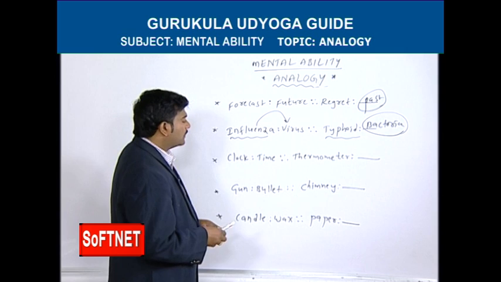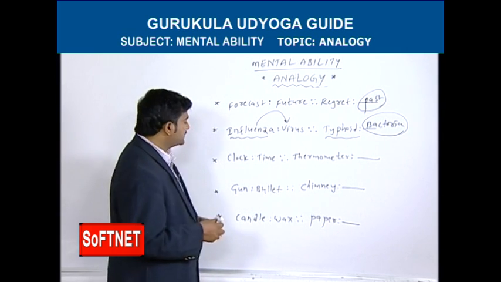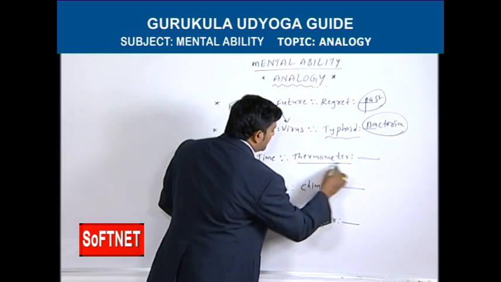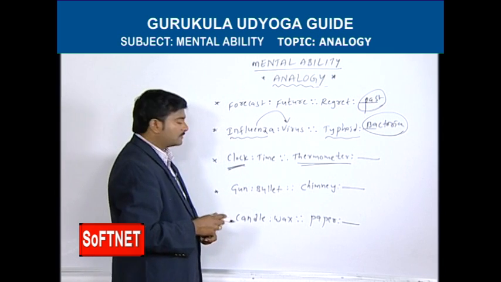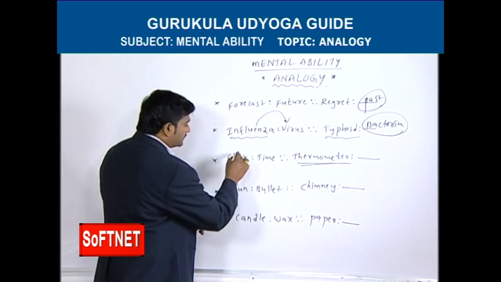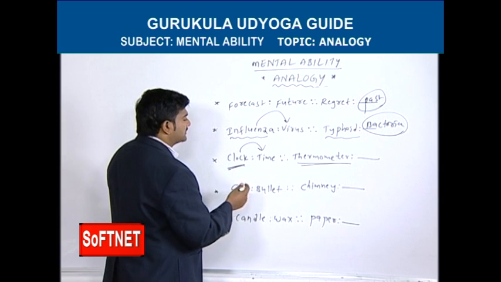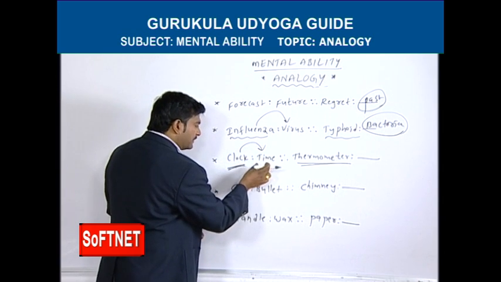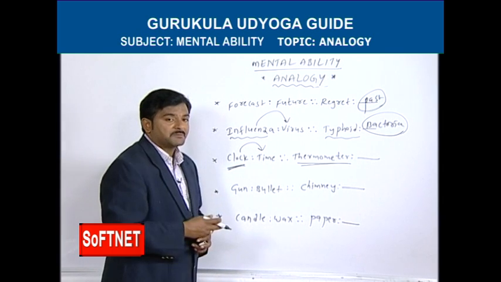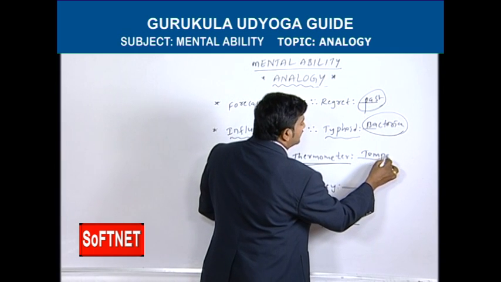Observe here: clock, time; thermometer, dash. One thing is clear: clock is a kind of machine, similarly thermometer is a kind of machine. What is the use of this clock? With the clock we can find out the time, or in reverse, time can be measured by using a clock. Similarly, a thermometer is used to measure the temperature.